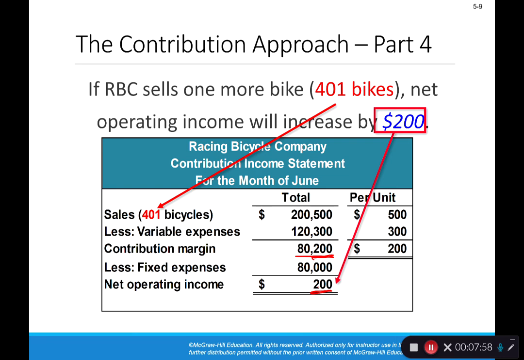If we sold 402 bikes, I hope you know that our income would be $400. If we sold 403 bikes, it would be $600. We're going up by the CM per unit each time. Whatever happens to CM happens to income. Did I mention whatever happens to CM happens to income? I think I did.